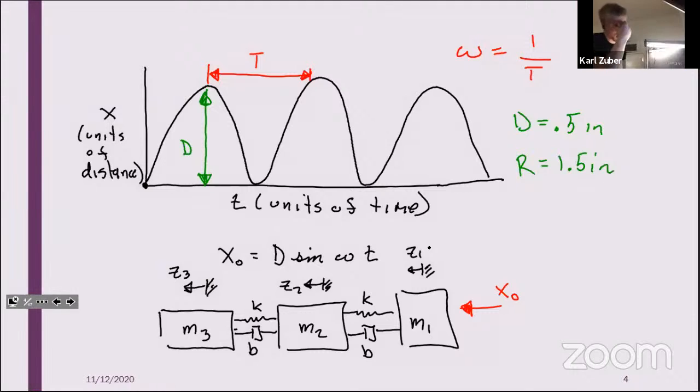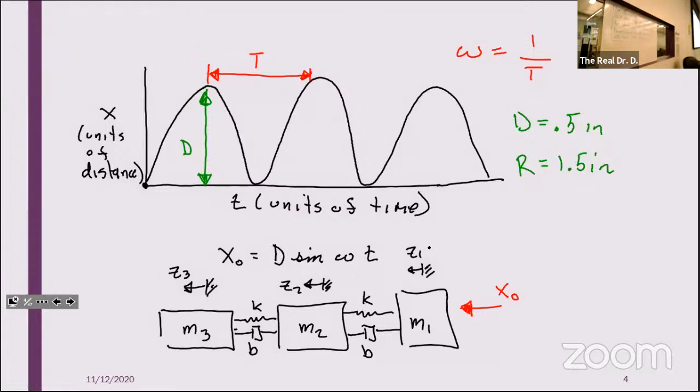Oh, okay. The other 2 are still connected, and you still have to model them. Because there's a spring and a damper between them, you are going to be storing and dissipating energy at different rates, and so the Z values for each of them are not going to be the same.